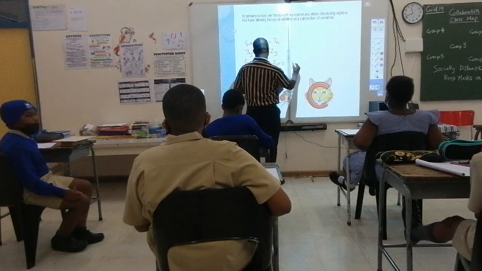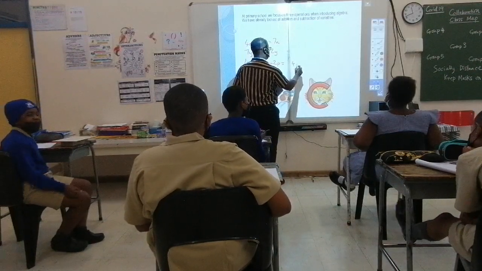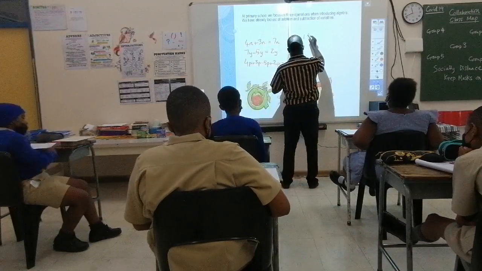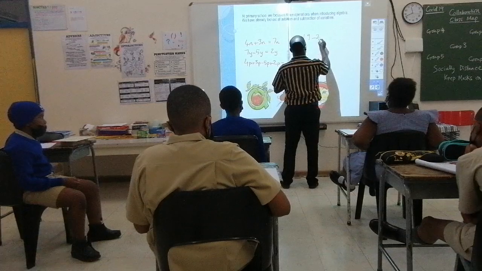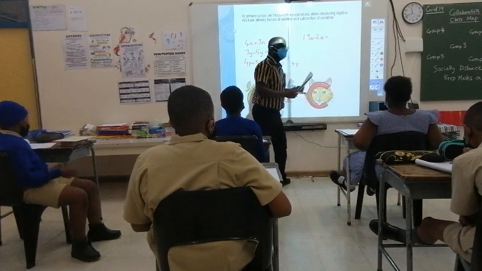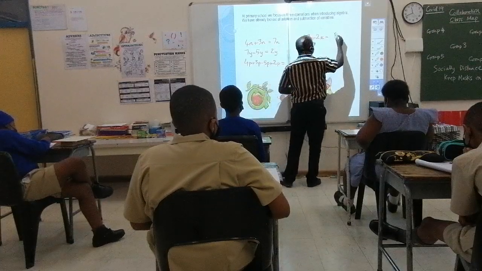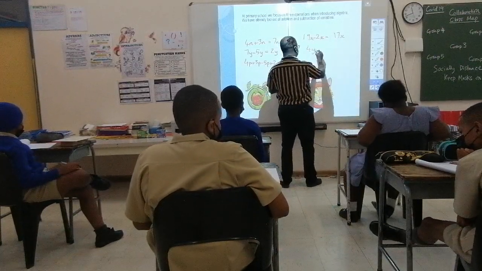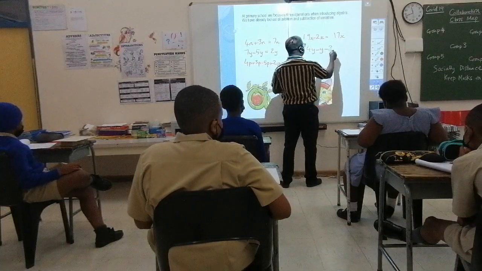You all agree? Yes. Very good. And then we had 19x minus 2x. And what did you get for that one? 17x. Well done. And then we had 4y minus y minus 3y.